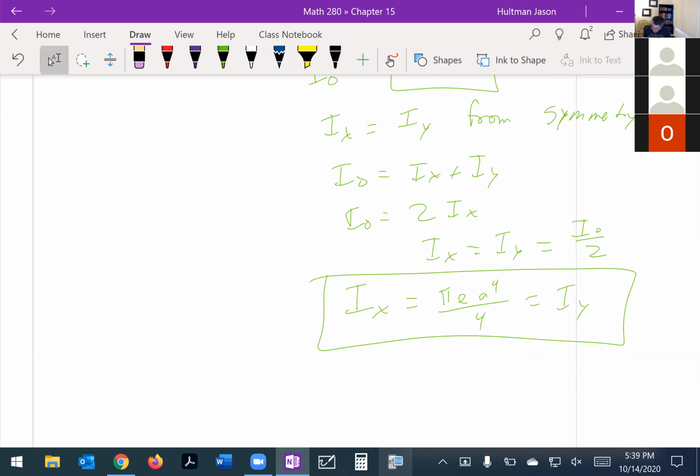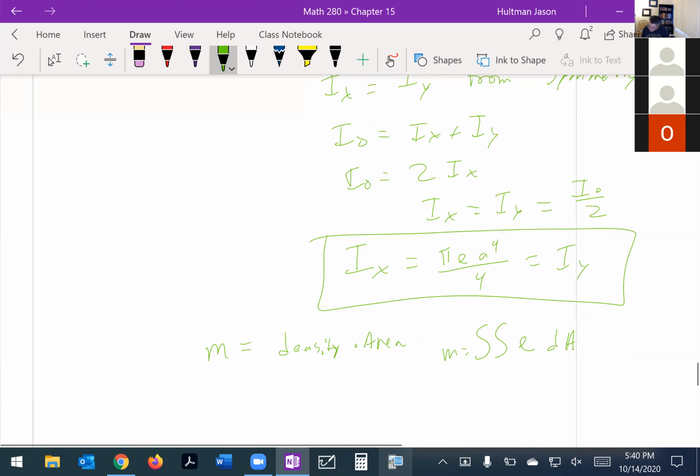If we want to find the mass of this thing, we could do it in terms of the density. The mass is the density times the area. Think of the total mass as the integral of rho dA, so m is equal to this. Well, rho is just a constant, so this is really just rho times the integral of 1 dA.